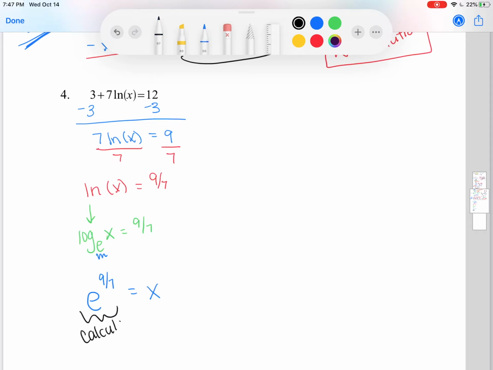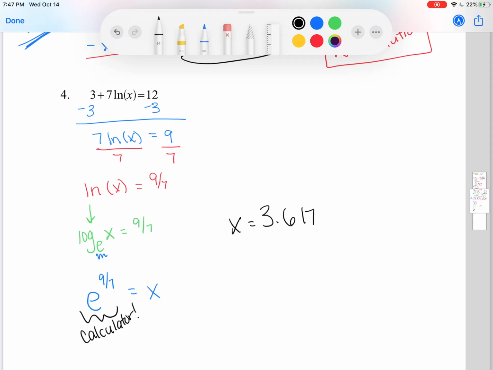Not the prettiest of things, but the beauty of this is that I have an E button on the calculator, so I can type that in to my calculator. So second natural log, that gives you your E on the screen, and then you can type in 9 divided by 7.